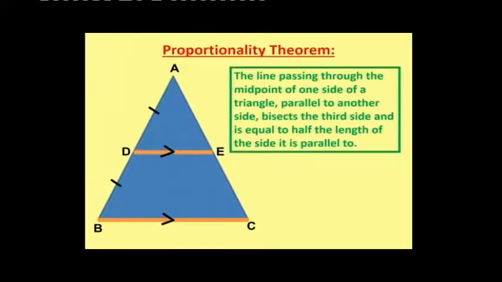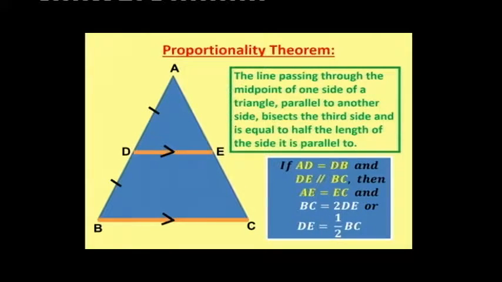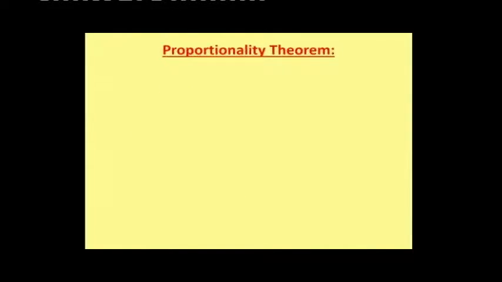So now you can write down that AE is equal to EC and DE is half of BC. Let me just show that to you. If AD is equal to DB and DE is parallel to BC, then AE is equal to EC and DE is half of BC. Right? So those are the things that you need to understand.